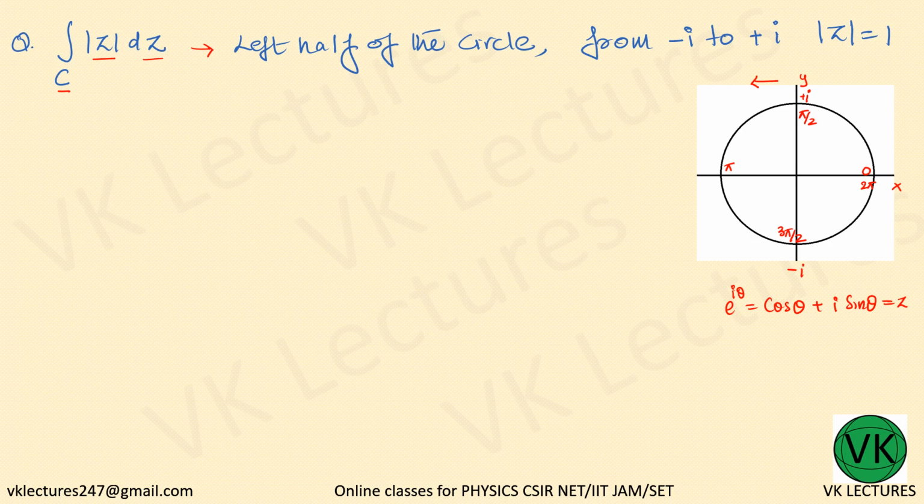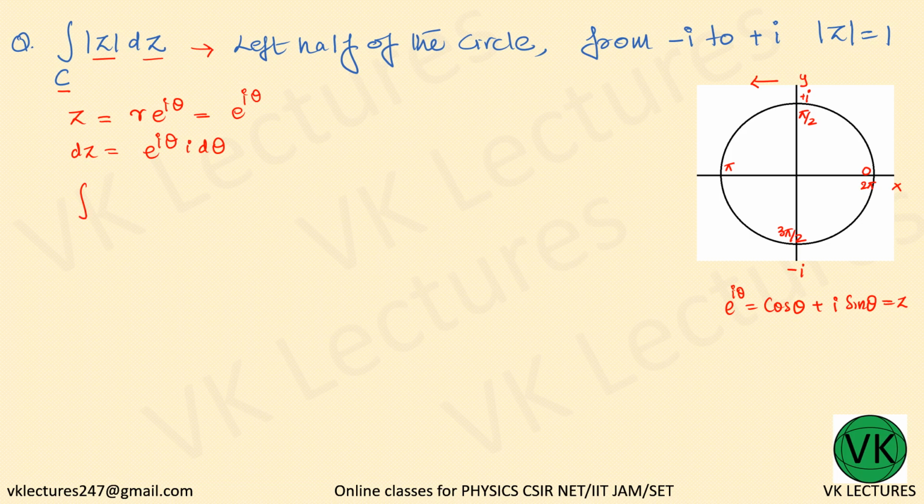Now coming to what is z, the mod z, here the value is given mod z equal to 1, which means r e to the power i theta. So r value is 1, so e to the power i theta. Now dz is equal to e to the power i theta i d theta.